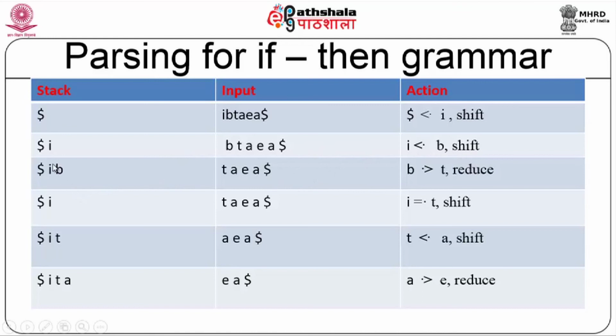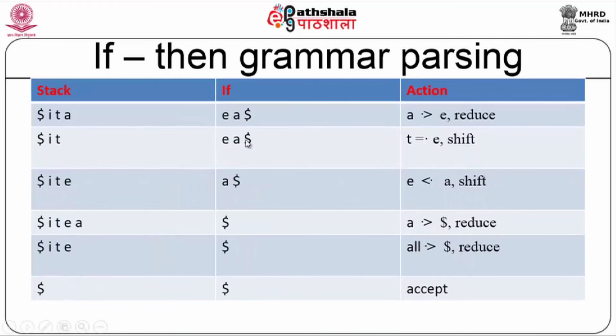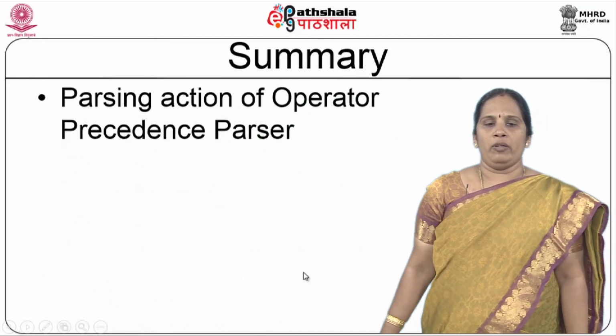Reduce means I have to pop the symbol, then i and t are equal, so I shift. a, again I shift; a is greater than e, therefore I reduce and pop the symbols t, a, and then i t, again t equal to e, so I shift, and then I go in a sequential manner. All the symbols i, t, e are greater than dollar, so I reduce and pop all symbols. Dollar dollar is going to be an accept situation. So this is one more example which we have seen.